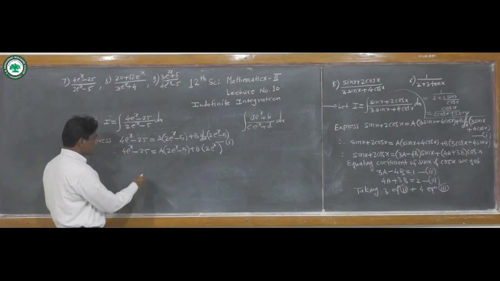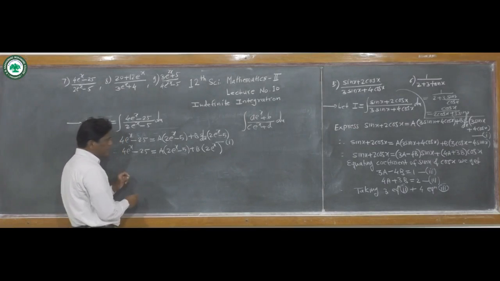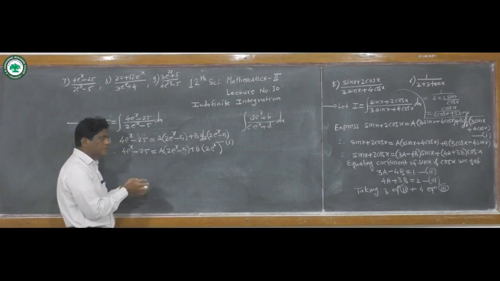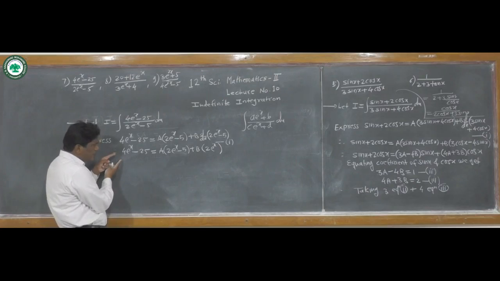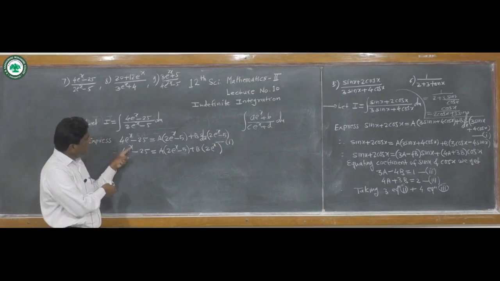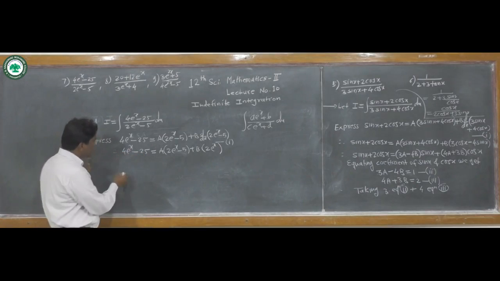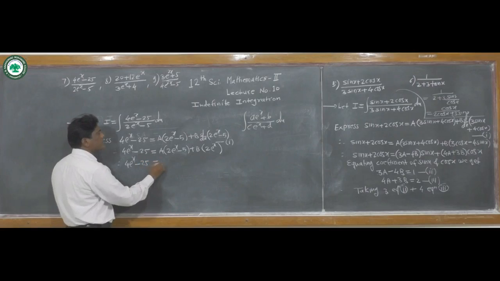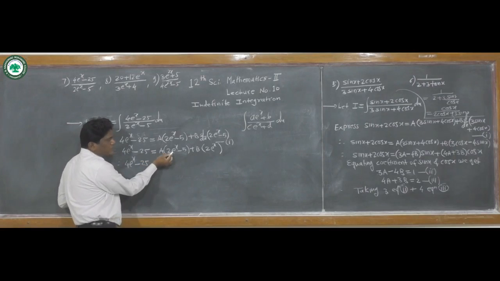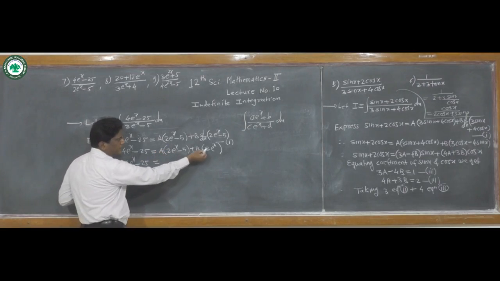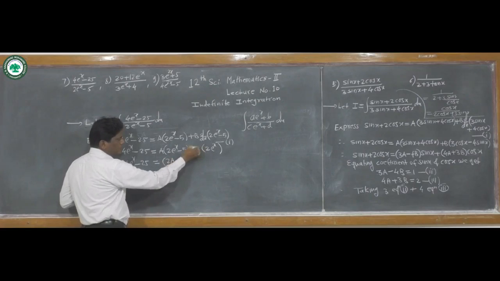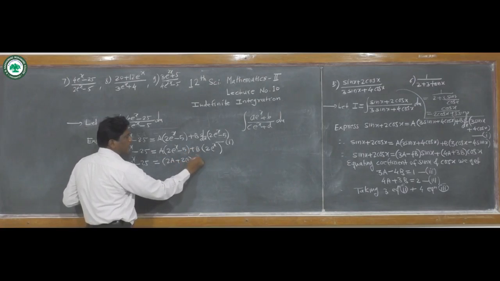Now we compare. We take the coefficient of e to the power x in one bracket and the constant terms in another bracket, because the left hand side has a term of e to the power x and a constant term. So we get 4e to the power x minus 25 is equal to, collecting the coefficient of e to the power x, 2a plus 2b into e to the power x.